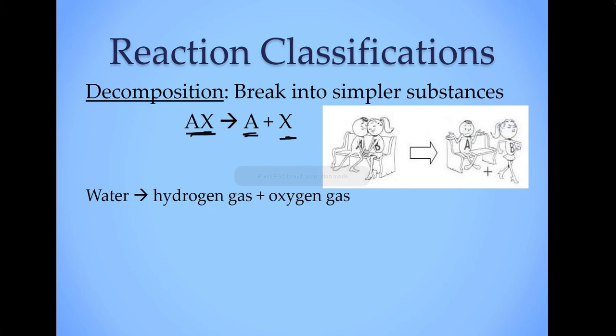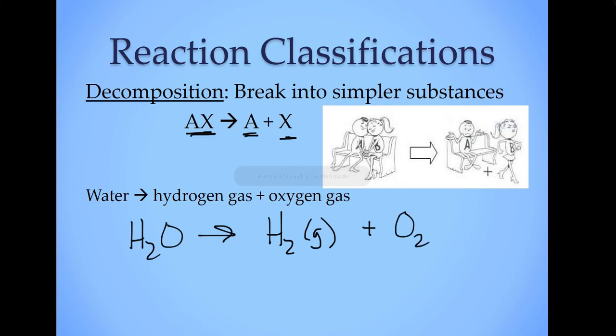A good example of this is water. We can take water and split it. By just adding a little bit of electricity, we can form hydrogen gas and oxygen gas. Let's quickly balance this. This is liquid water that we're starting with, and to balance this, I need to put a 2 in front of here and a 2 in front of there.